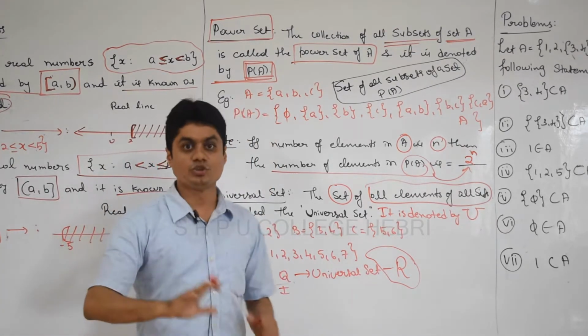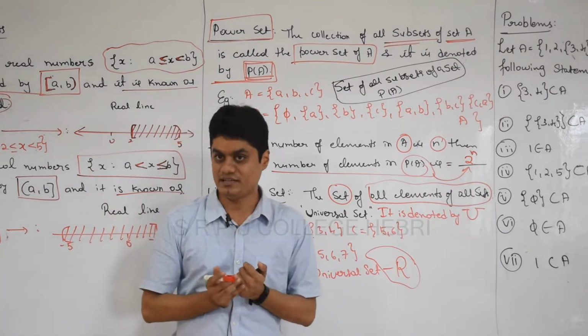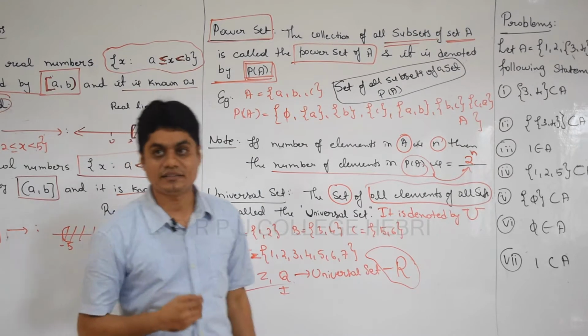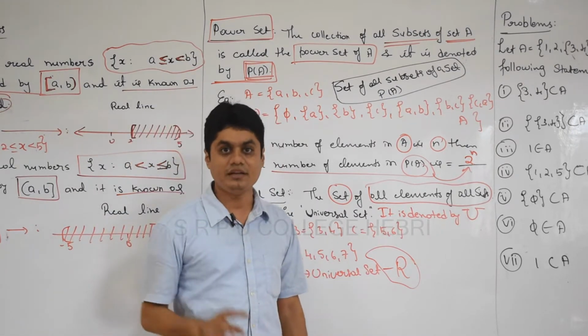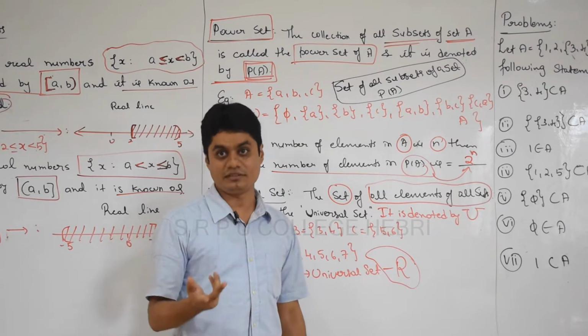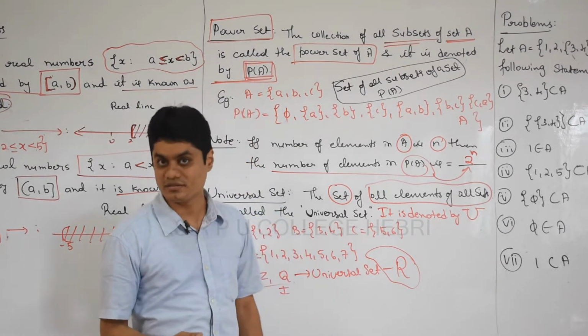So we learned so many different types of sets. I'll just recall once, then we are going to solve problems from the exercise. Starting from the null set, the set containing no elements, then the singleton set containing a single element, then the finite set with a finite number of elements, and the infinite set with infinitely many elements.